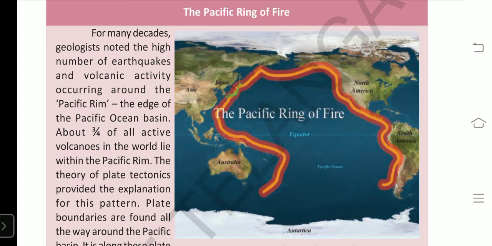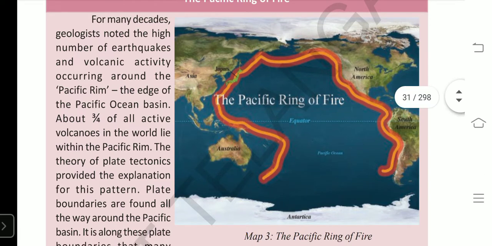They identified that many of the earthquakes are taking place around the edge of the Pacific Ocean. Nearly three-fourths of all active volcanoes are lying along the Pacific edge boundary.